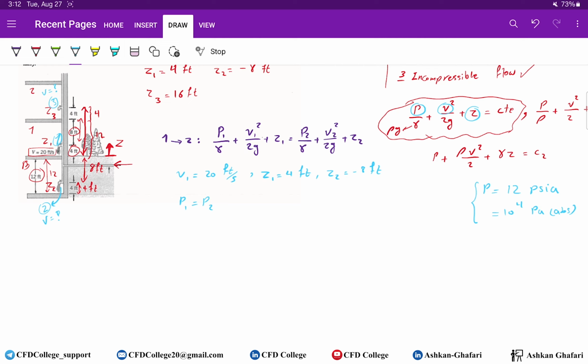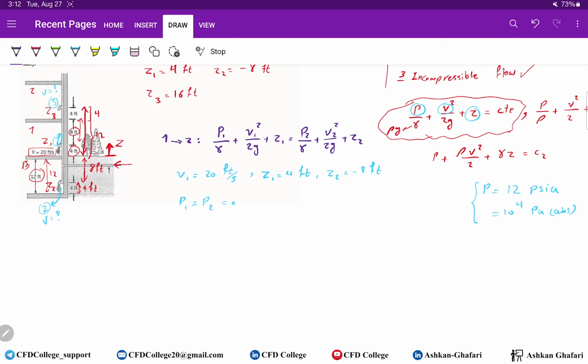But in general, we work with gauge pressure. So here at point 1, 2, and 3, we have atmospheric pressure. So pressure at point 1 and at point B and also at point 3 is equal to 0.